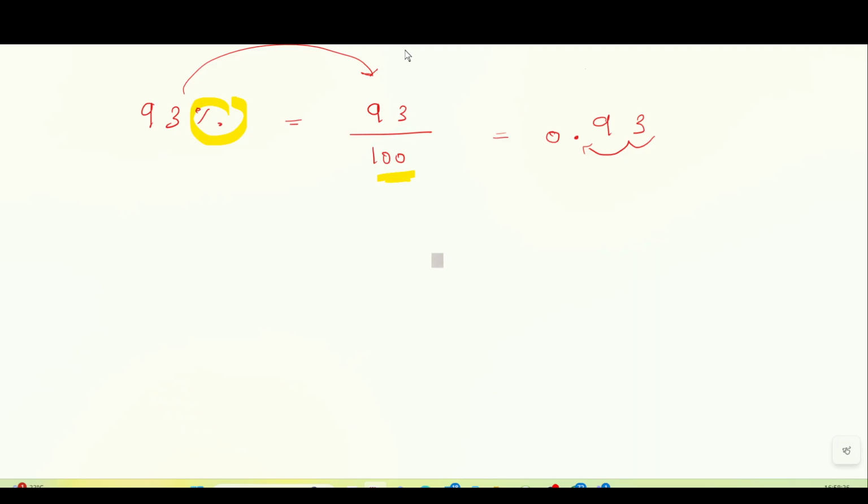Okay, is this clear? Can you try this one? 15%. Convert it into a fraction and then a decimal.